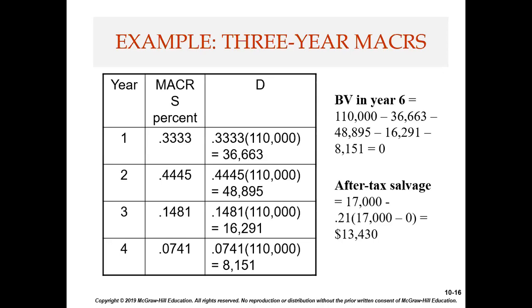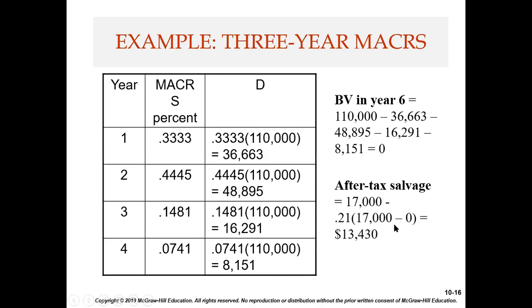And that would be the amount the salvage value is above the book value of the asset. Each year, we would subtract the depreciation on this asset. So by the end of year 4, the book value of the asset is 0. So at the end of year 6, it is 0.